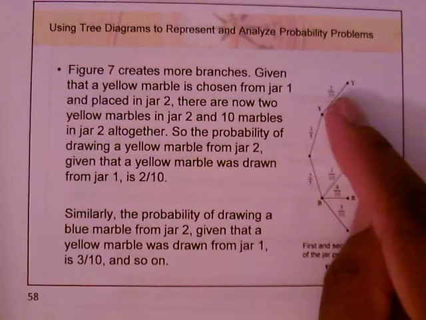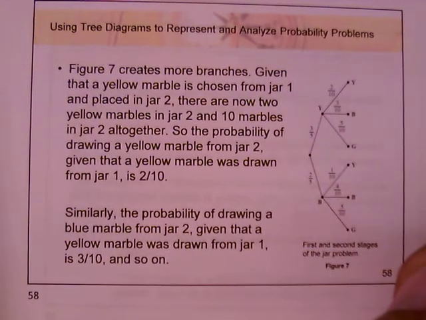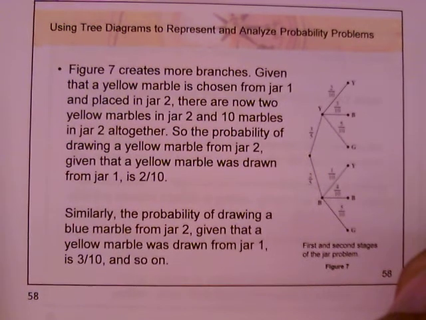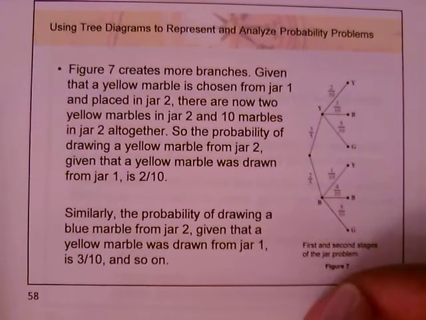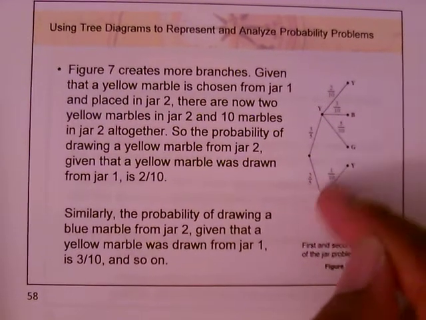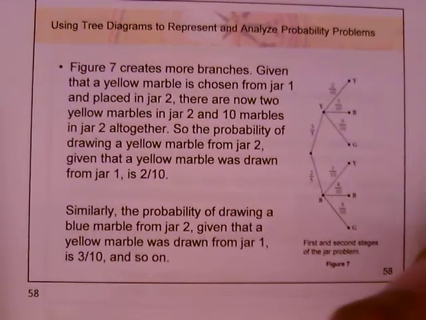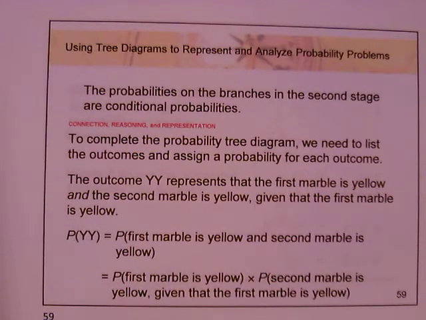That's this way up here. And similarly, the probability of drawing a blue marble from jar 2, given that the yellow marble was drawn from jar 1, is 3 out of 10. And it continues on, and so on. The probabilities on the branches in the second stage are what we call conditional probabilities.